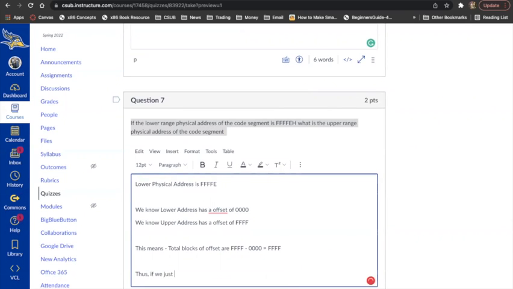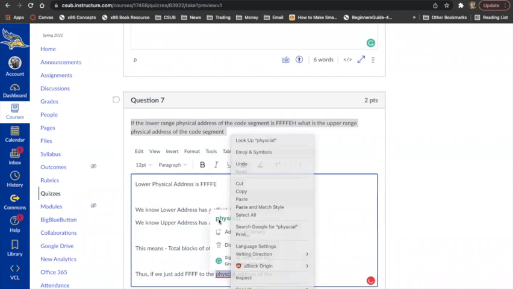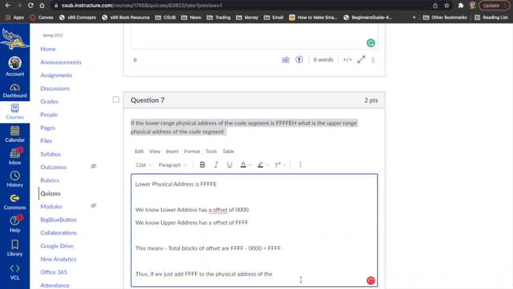We just add FFFF to the physical address of the lower range, which will give us the upper.